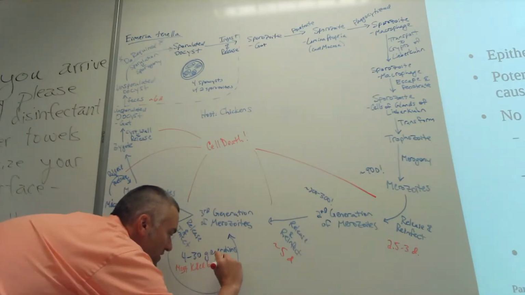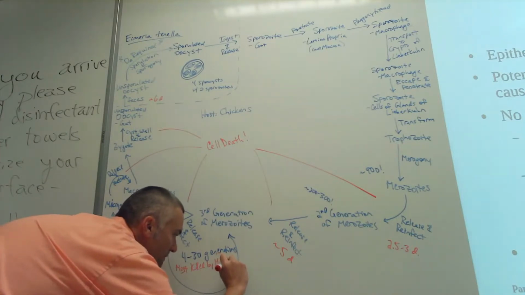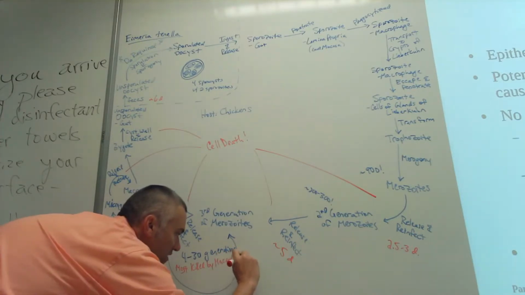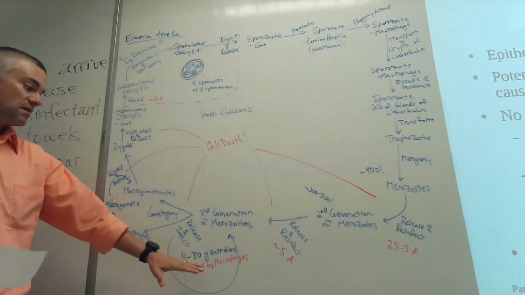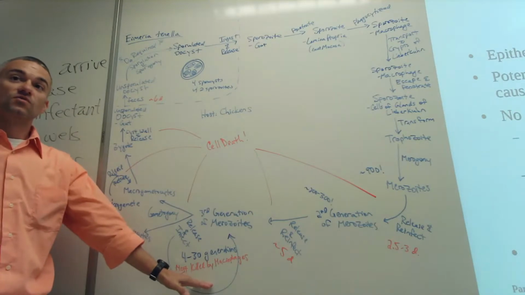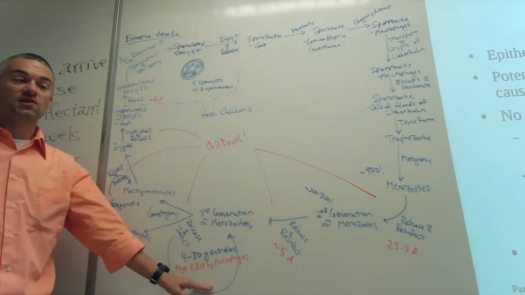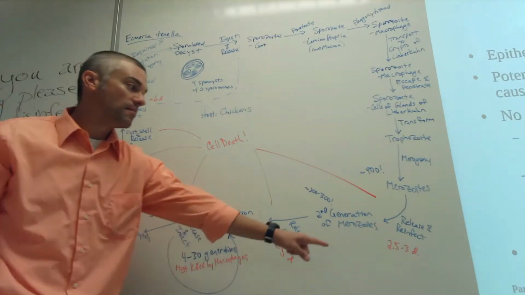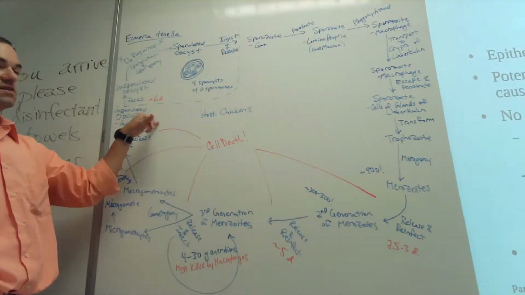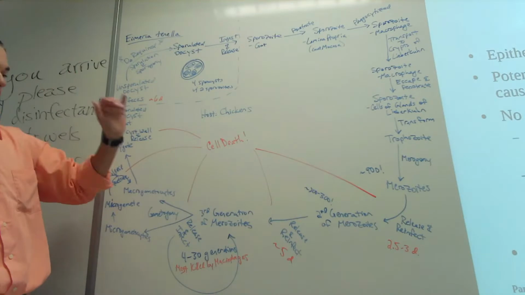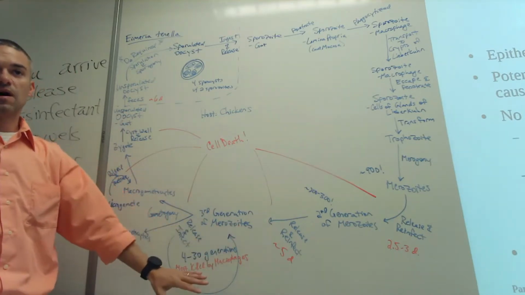Most of our merozoites that get produced in these later stages get consumed by our macrophages and get taken out. So we do have an immune response that helps to limit any of these. So really the pathology that we see in our chickens is coming from first, second, third generation, microgametes, oocysts. Anything else is going to be just minor.